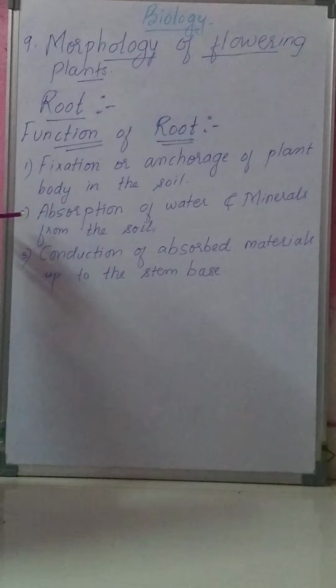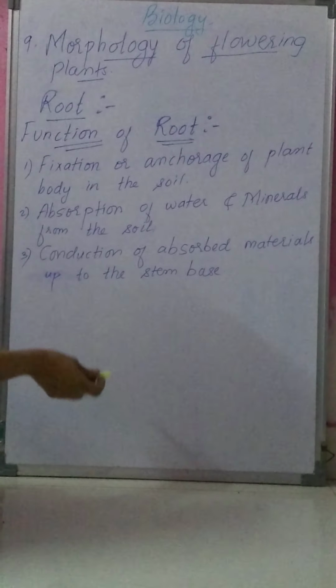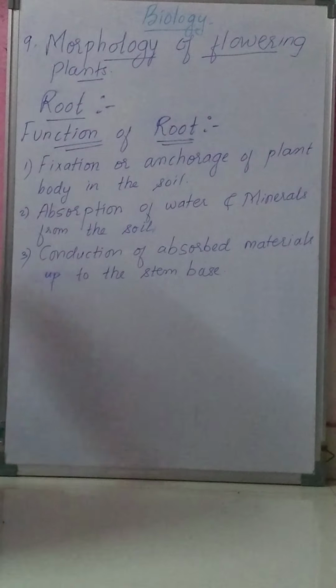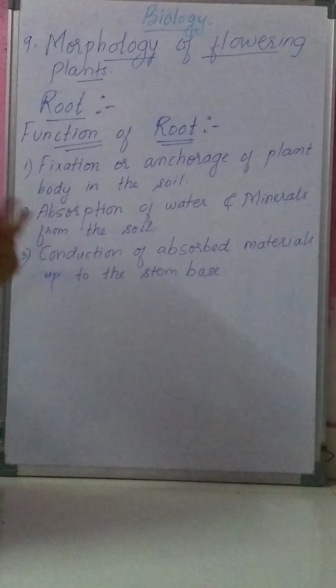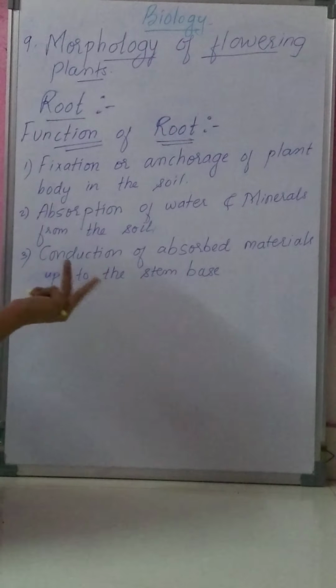In that typical root structure we have studied the region of cell elongation is responsible for absorption of minerals, and region of root hair is responsible for the absorption of water. So these two regions, the region of cell elongation and the region of root hair, help for the absorption of water and minerals from the soil.